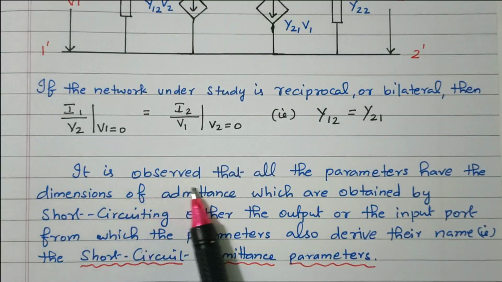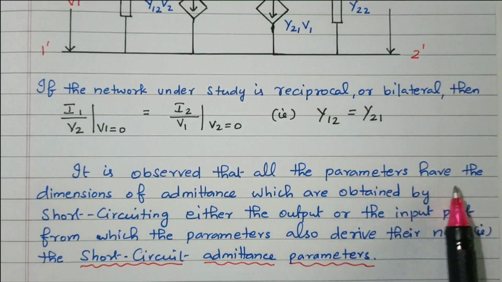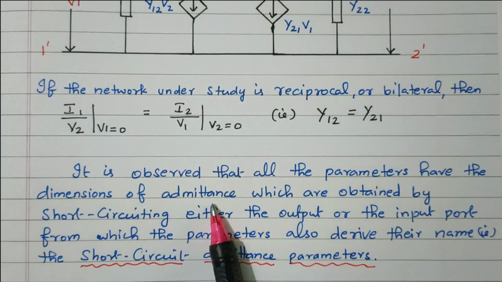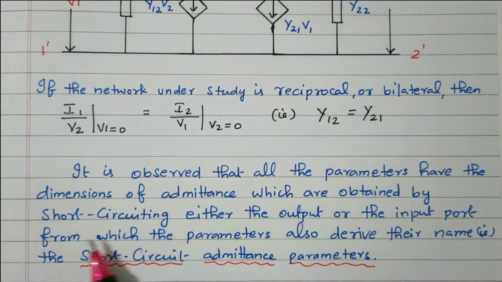It is observed that all the parameters have the dimension of admittance, and are obtained by short circuiting either the output or the input port.